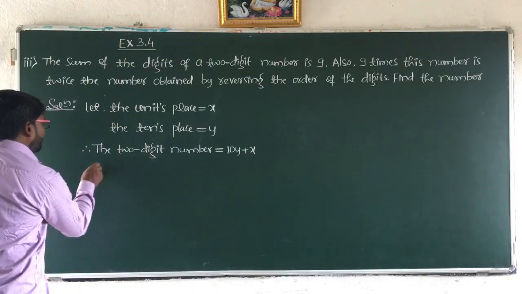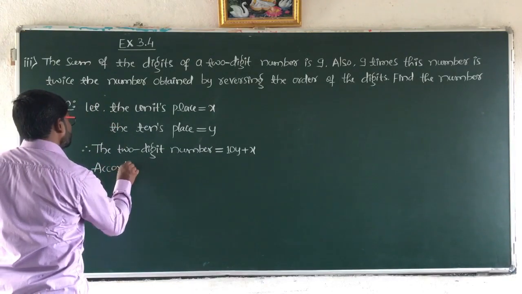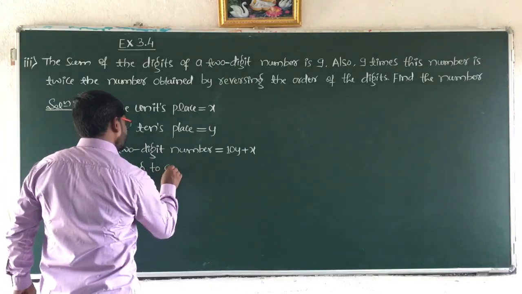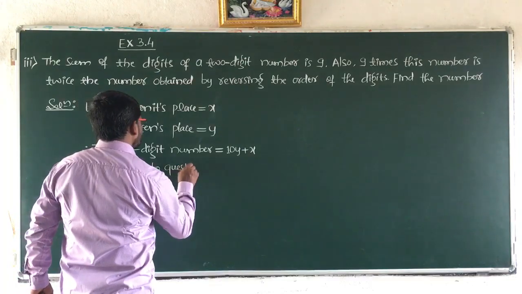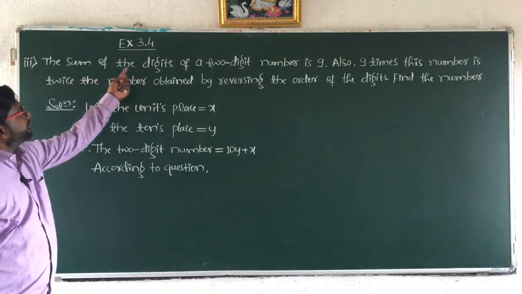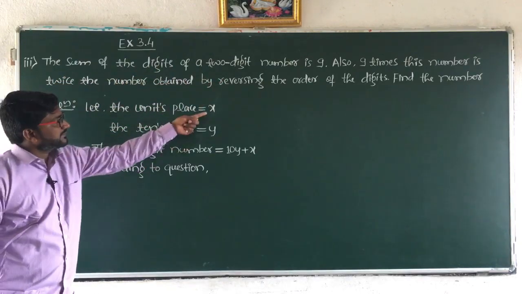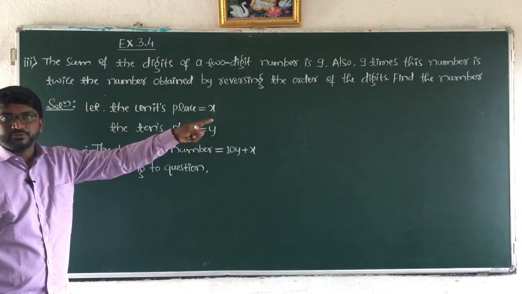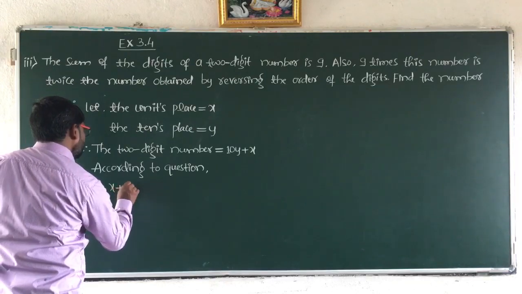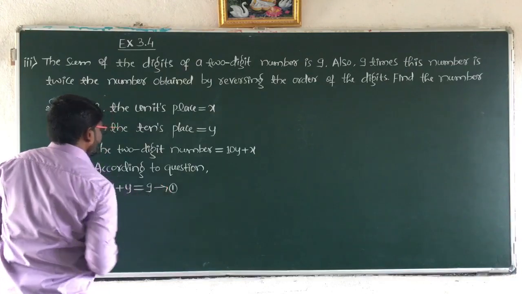Now according to the question, see here, the sum of the digits of the 2-digit number is 9, means x plus y is equal to 9. I call this equation number 1.